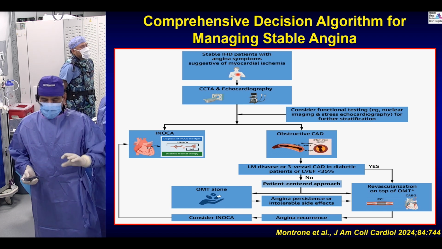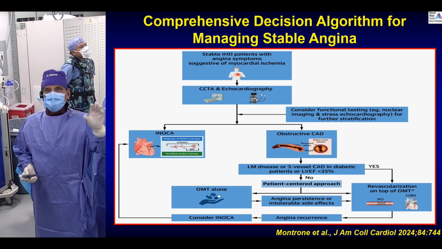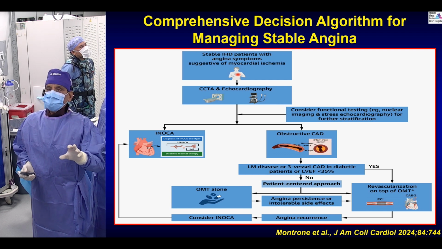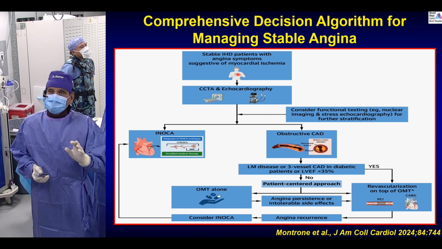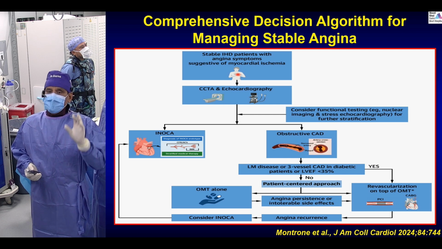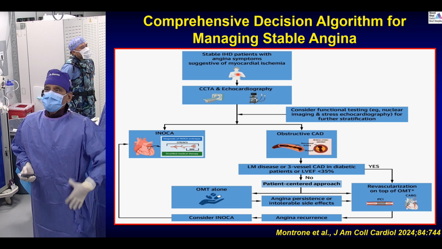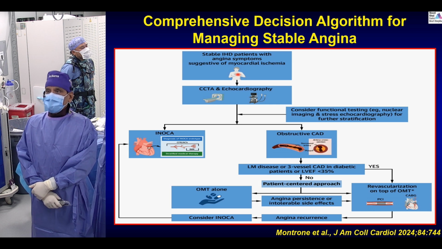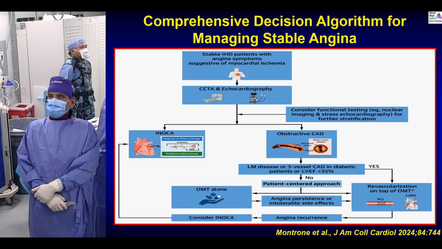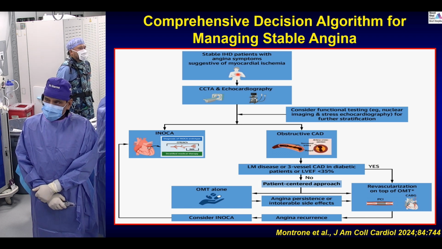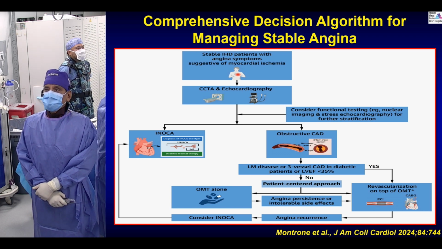And actually, as I mentioned, in the European guidelines there is a lot of emphasis on this microvasculature assessment. Because we know that one third of the patients, despite good epicardial opening, continue to be symptomatic. So then they see obstructive CAD. Once you have left main or multi-vessel disease, and diabetic with a low ejection fraction, those patients should go for revascularization, preferably CABG, and some patients will go for PCI.